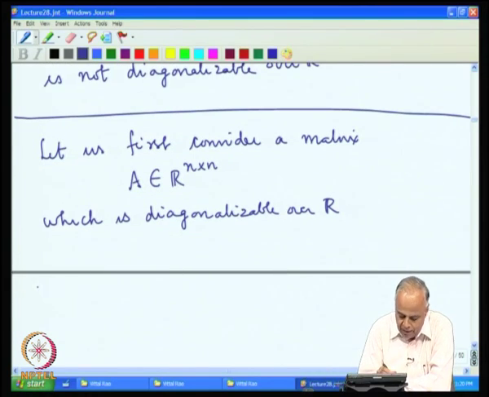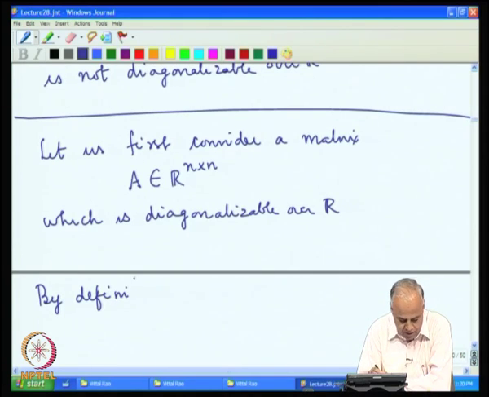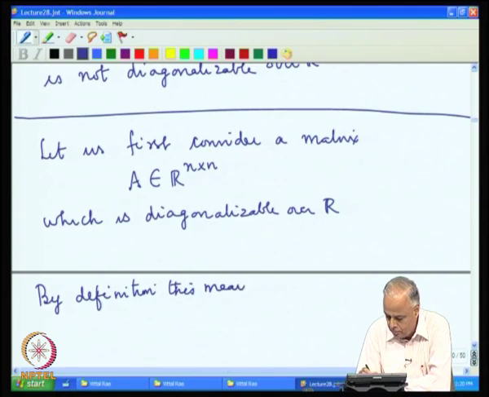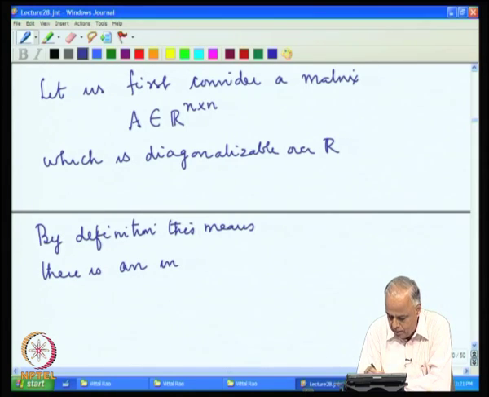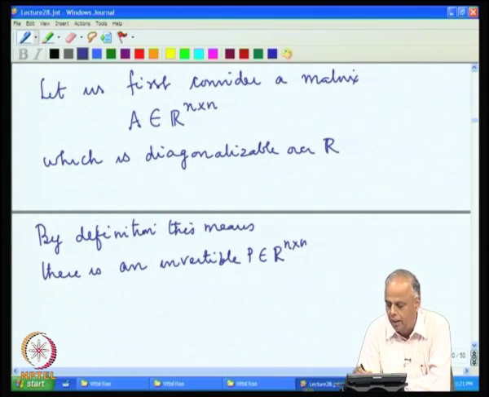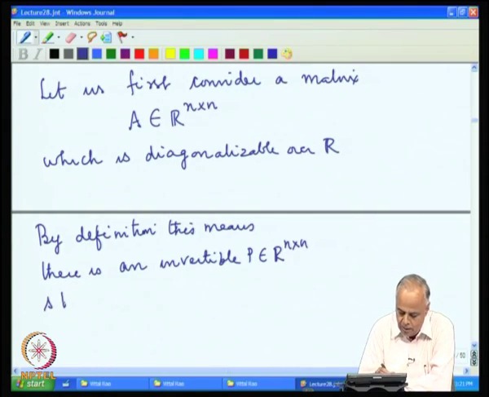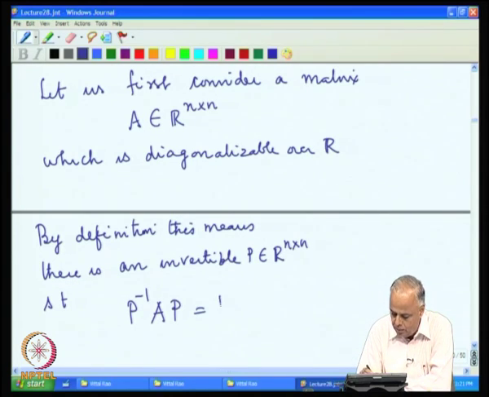By definition then, this means there is an invertible P in real n cross n such that P inverse A P is equal to D, a diagonal matrix.